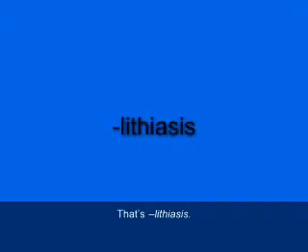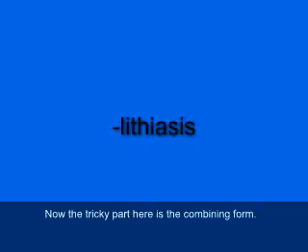That's lithiasis, LITHIASIS. Now, the tricky part here is the combining form. The combining form for gallbladder, cholecysto. But that's not what we use with this because it's the gallbladder or the bile ducts. What we use here is a little bit different, and we're just going to use the chole, CHOLE.